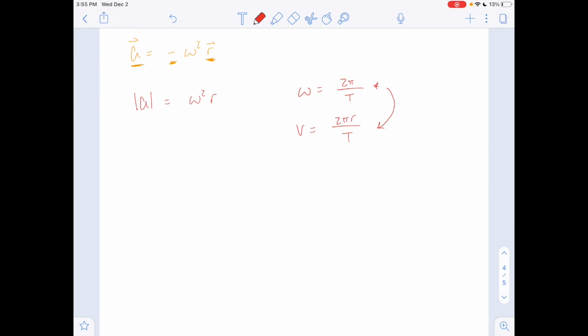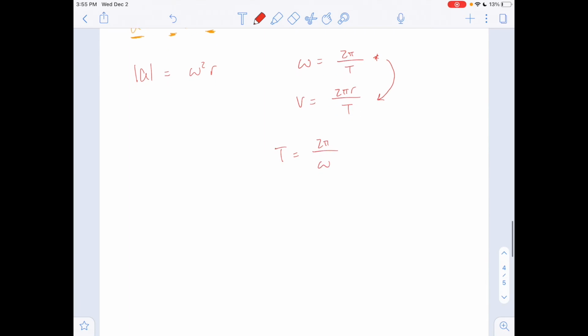If we do that, then we're going to have orbital period is equal to 2 pi over angular frequency. And now we can take this and plug it in for orbital period here. We end up with velocity is equal to 2 pi times r over 2 pi over omega.